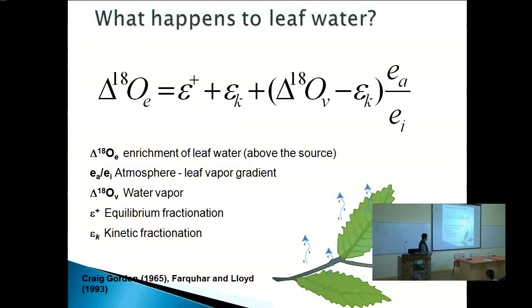Now, once you have a kinetic effect, mostly when you have a large kinetic effect, you start producing more, you start running more. Metabolic activities start enhancing. In such a situation you have kinetic effect, and that leads to another fractionation or discrimination, which you need to take into account when you talk about oxygen isotope variability, but not when you talk about carbon isotope variability.